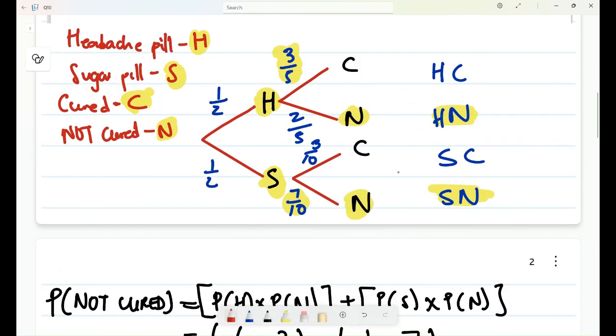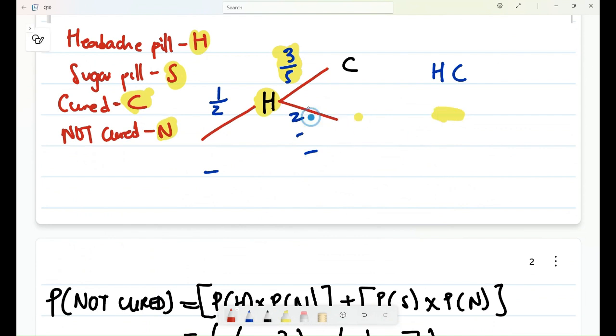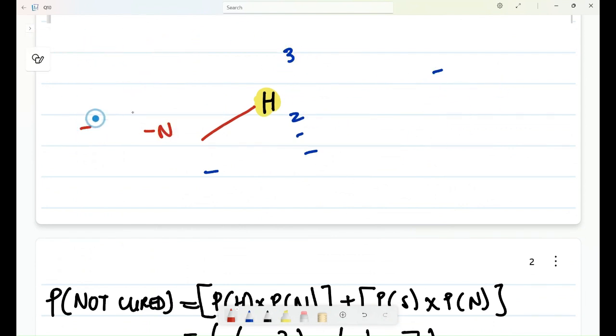So what we can do first is, can you allow me to erase this? All right.